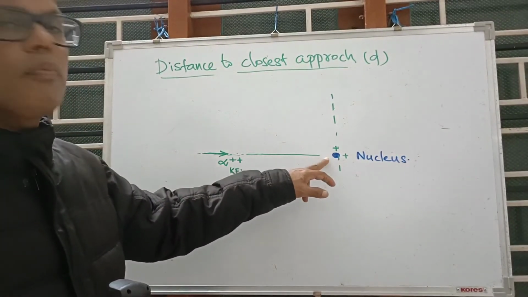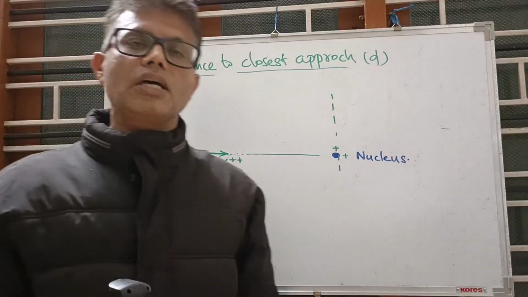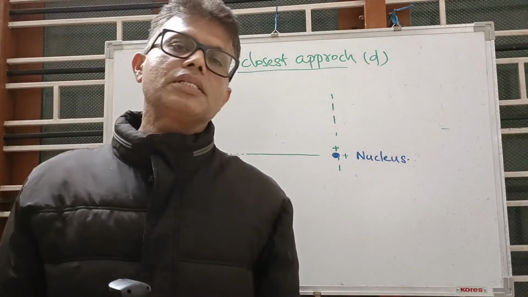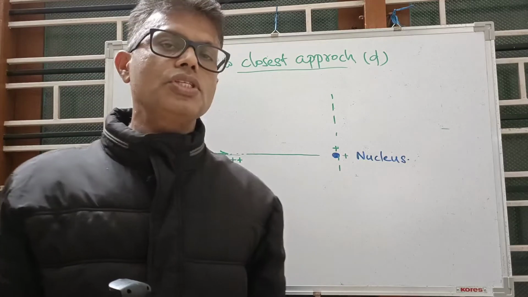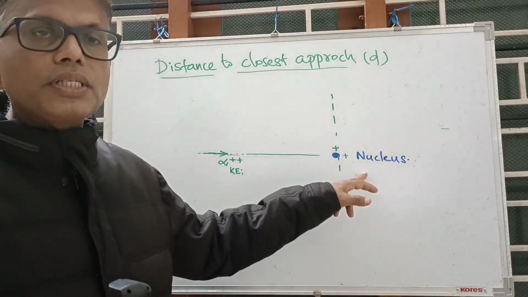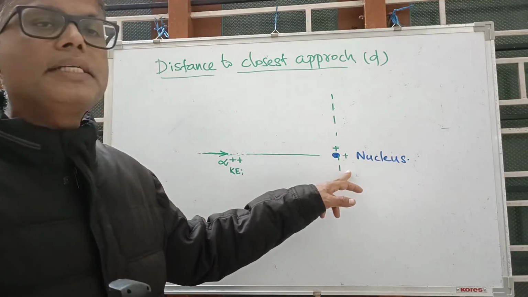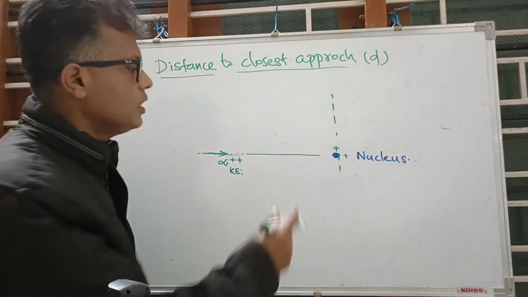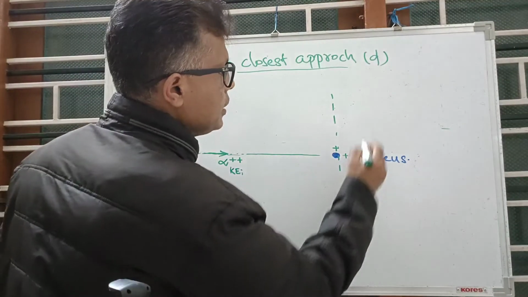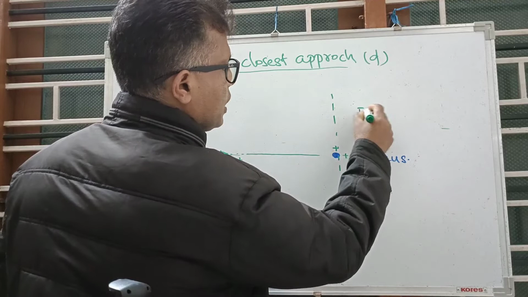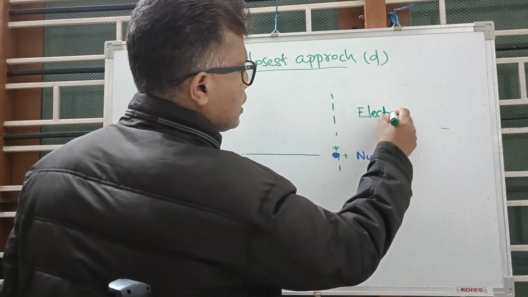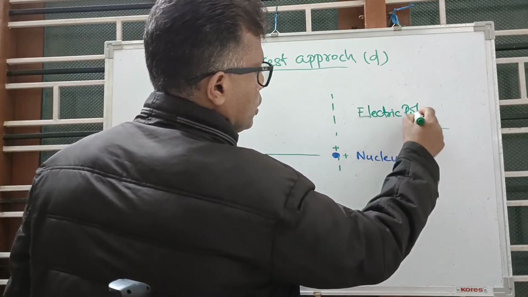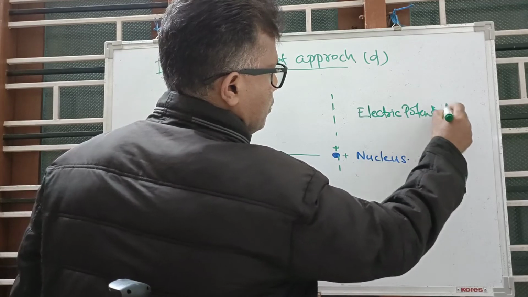It is not a normal potential energy. What is the equation for normal potential energy? Potential energy is equal to mgh. So this one is not a normal potential energy. It is called electric potential energy. This nucleus has an energy called electric potential energy.